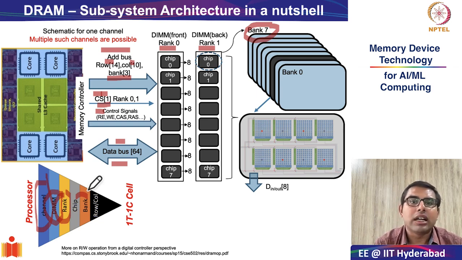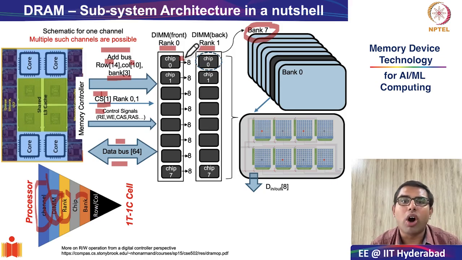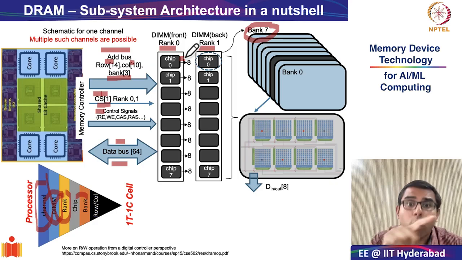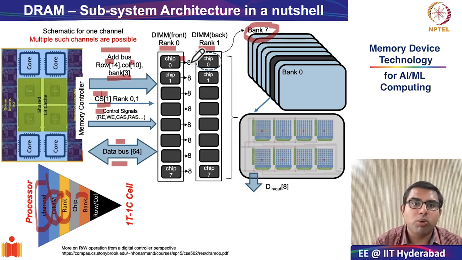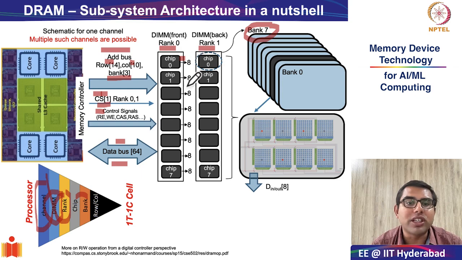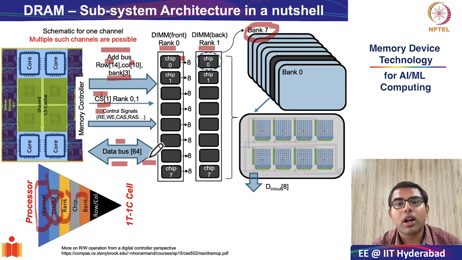Since there is information coming out of only one bank at a time, each chip gives out data only from one of the 8 banks which constitute the chip. Therefore, at a time, each chip gives out only 8 bits of data. And therefore, the 8 chips which constitute one rank will give out 8 into 8, 64 bits of data, which finally goes into or out of the data bus, depending on whether you're doing a read or write operation.